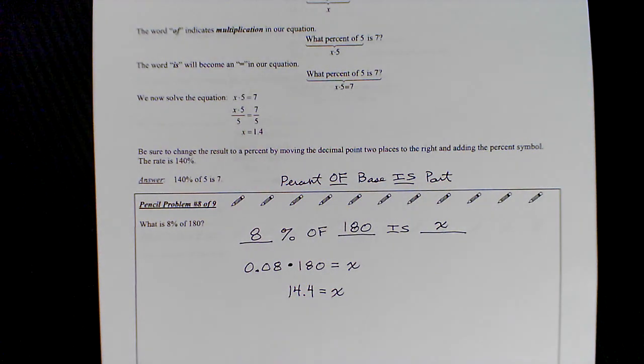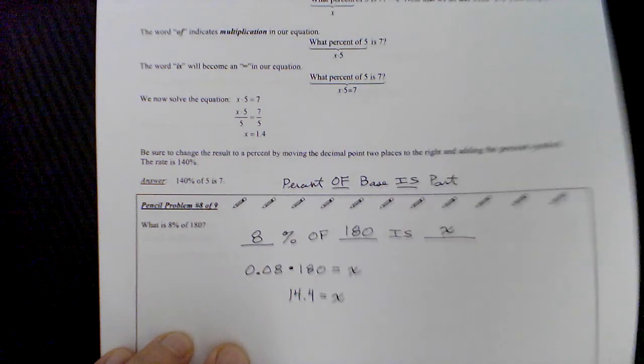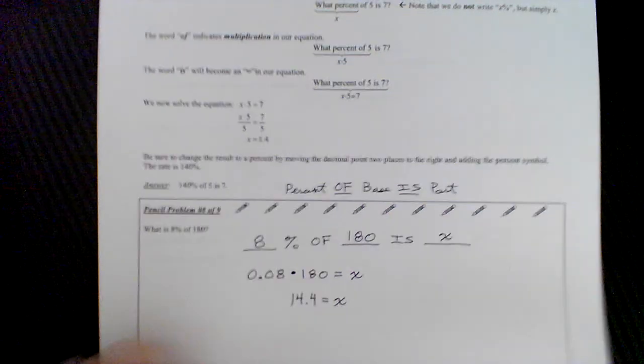So, much easier method, and I'd like you to try to use this method because we're going to be getting into algebra after this first unit test, or second unit test, I should say. And knowing how to solve the equations is going to be helpful. So one last example and pencil problem here.